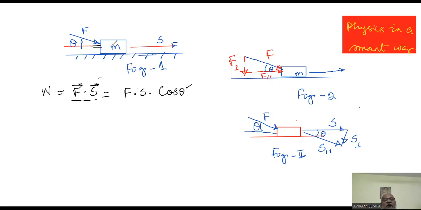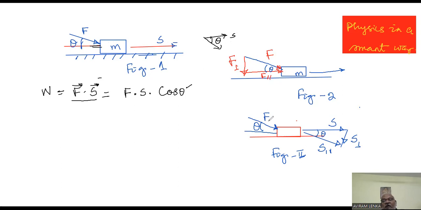If we refer to figure 1, the red line shows the line of displacement, and the force makes an angle theta with that. Or else, if you draw the force here and draw the S here, we can clearly see the angle between them is theta.